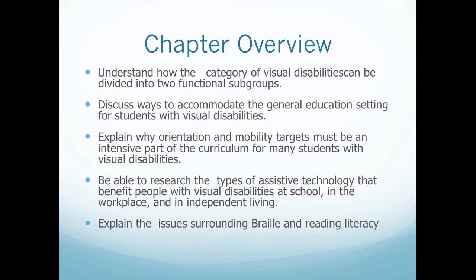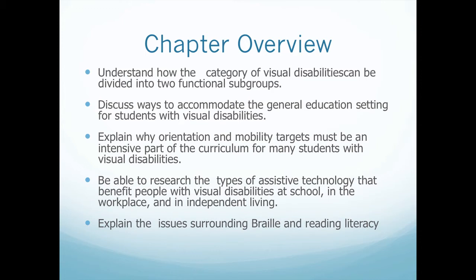By the end of this chapter and experiencing the assignments, you should be able to answer these questions. You should be able to understand how the category of visual disabilities can be divided into 2 functional subgroups. You could group the students on the basis of the severity or the amount of functional use that they have, either as low vision or blind.